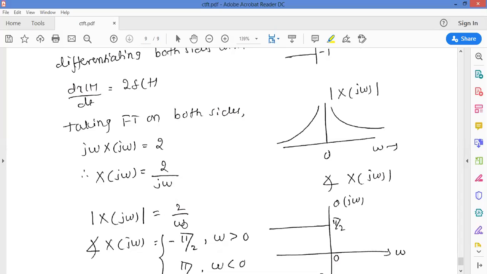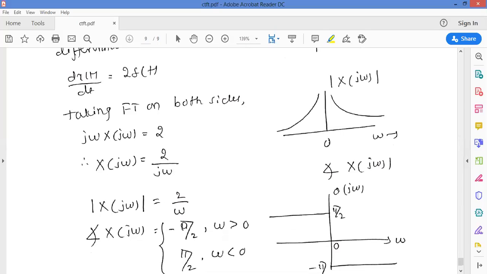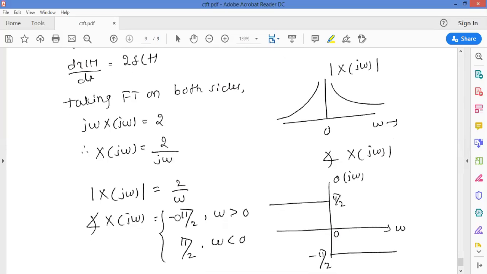Therefore, the angle will become positive, plus pi by 2. Special care to the minus and plus. When it is more than 0, it is minus. When it is less than 0, it is plus. Therefore, the angle of x of j omega will become pi by 2 when omega is less than 0 and minus pi by 2 when omega is more than or equal to 0.